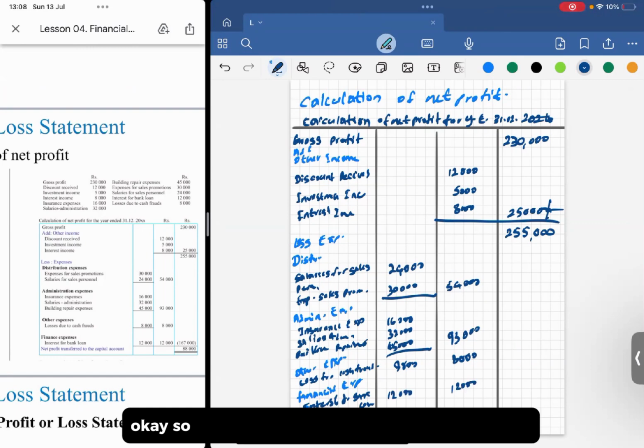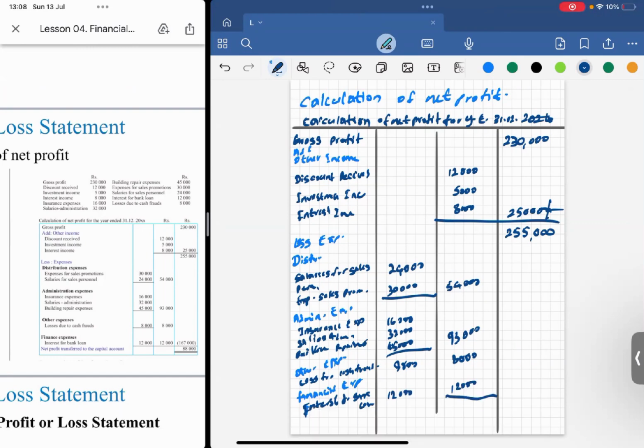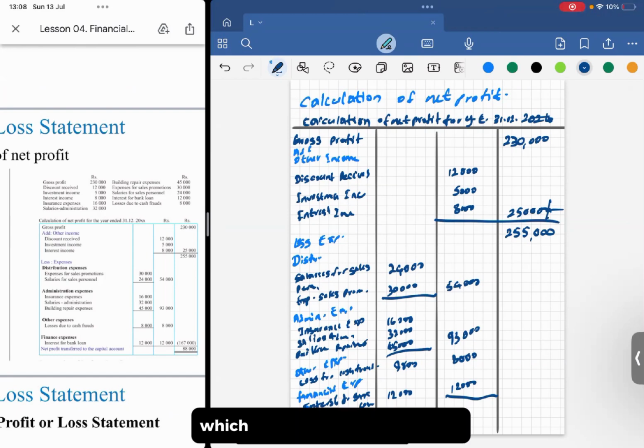So altogether this will total to, let's calculate, 54,000 plus 93,000 plus 8,000 plus 12,000, which will be 1,67,000.